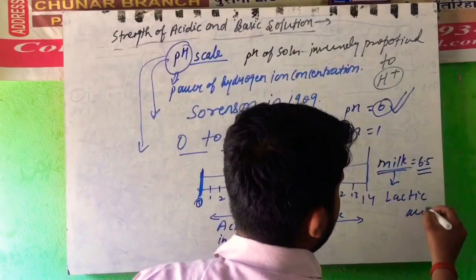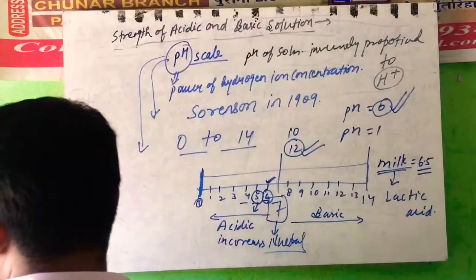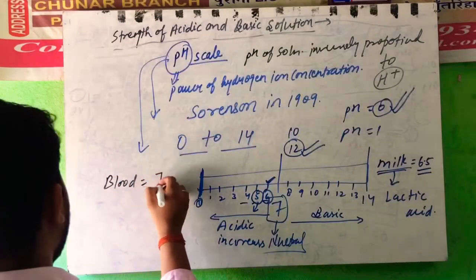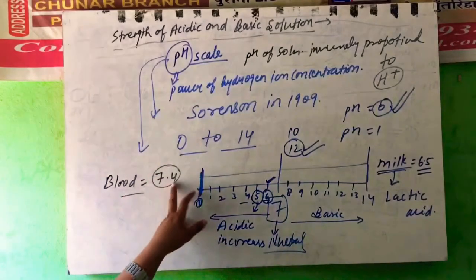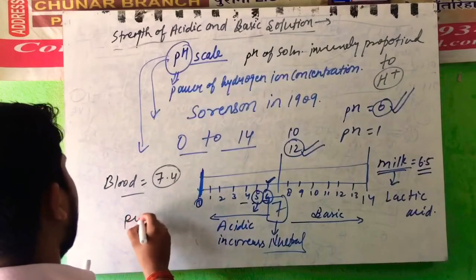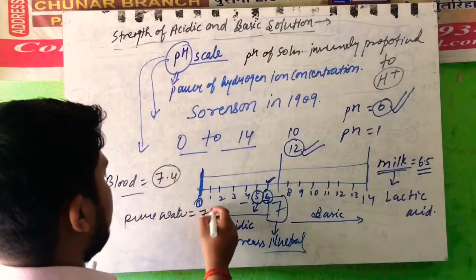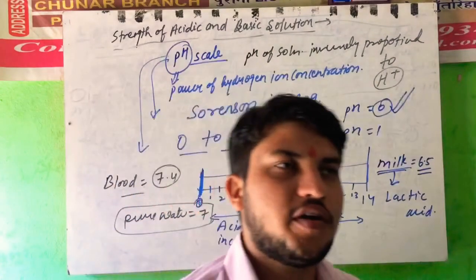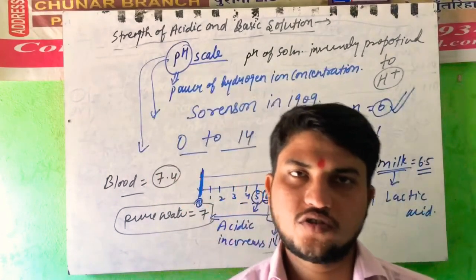Lactic acid is present in milk. The pH of blood is 7.4. Blood is basic because the pH is 7.4, greater than 7. The pH of pure water, that is distilled water, is 7. So we can say that pure water or drinking water has pH 7, therefore it is neutral, neither acidic nor basic. So this topic is finished.